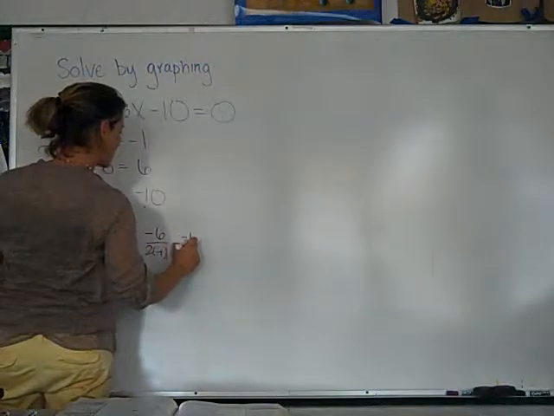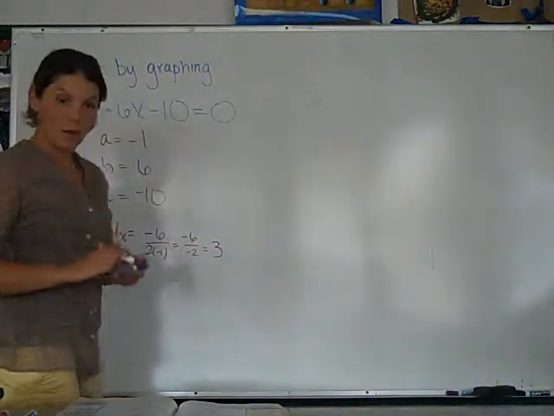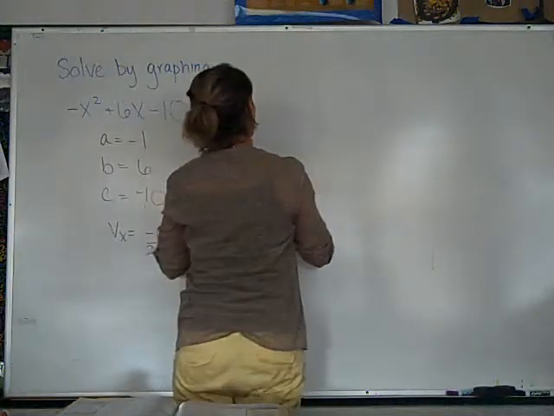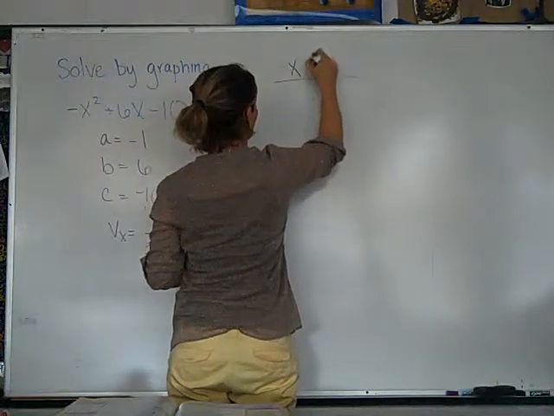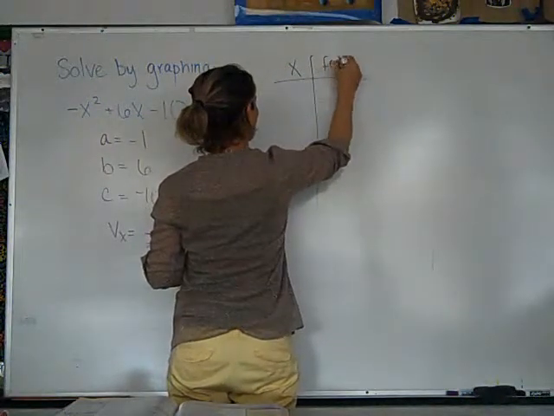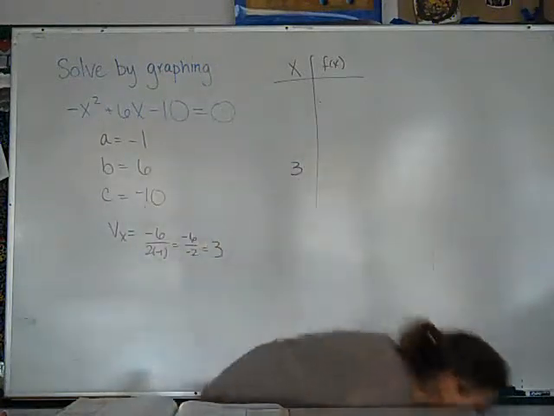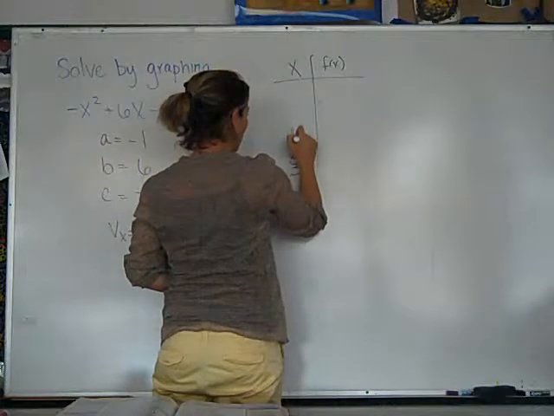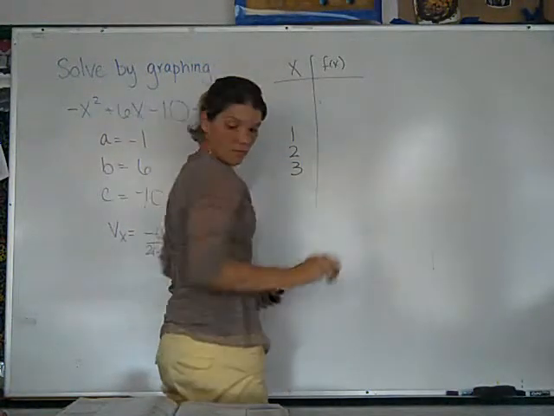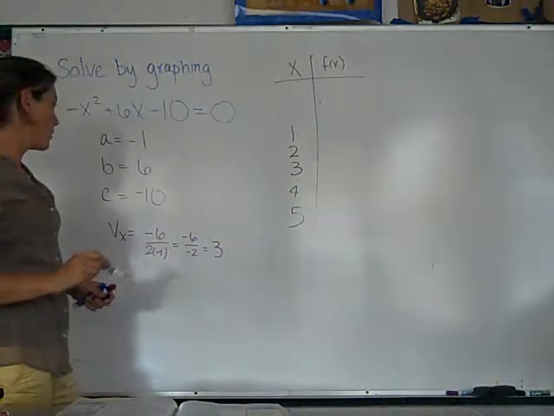Negative 6 over negative 2, positive 3. Start making your table of values. I know I'm going to be symmetrical on either side, so I can go up and down. And I can plug in some values.